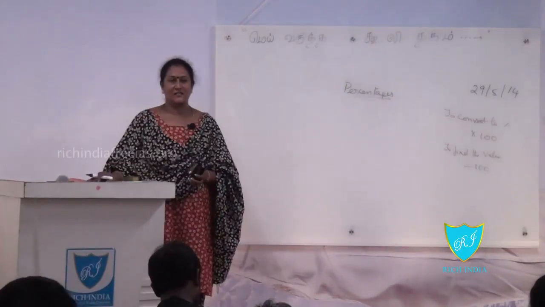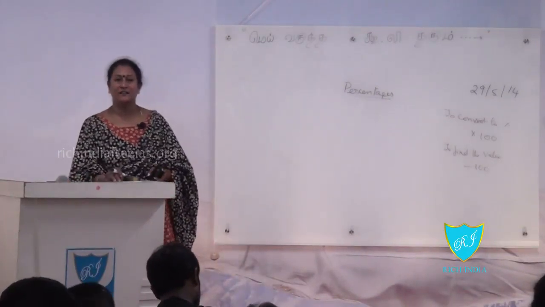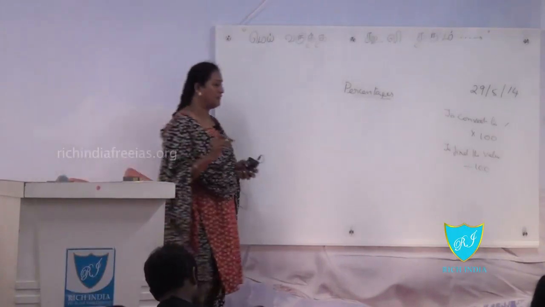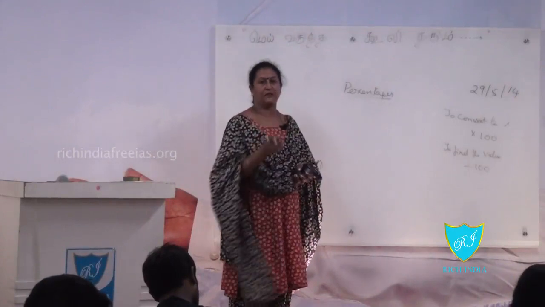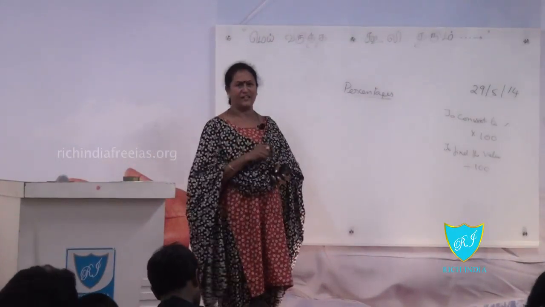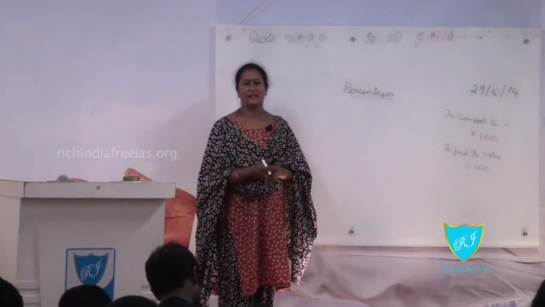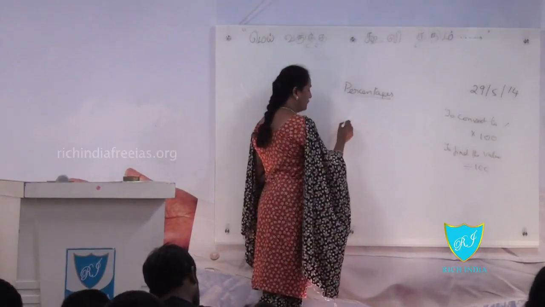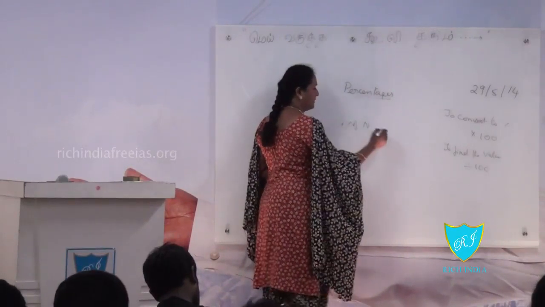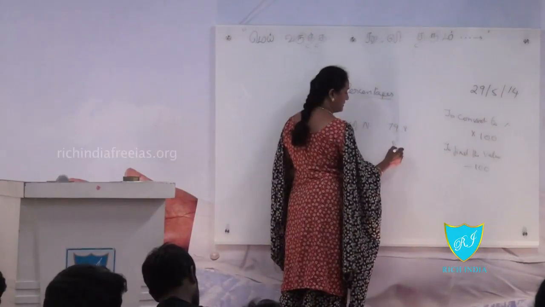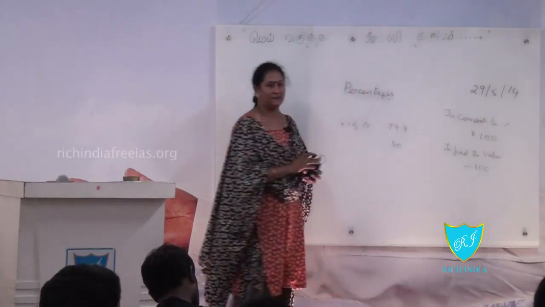So for the first question, it is 5. They are adding 4% of a number with 79.8, and the result is 80.